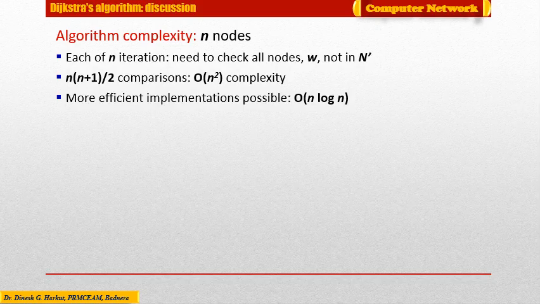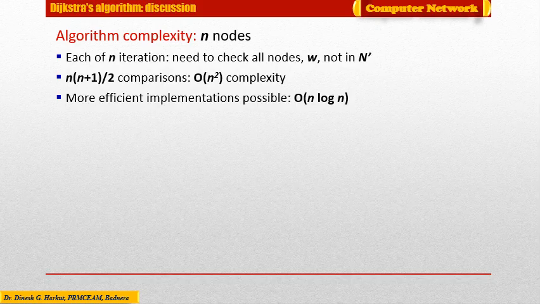In the first iteration, we need to search through all n nodes to determine the node W, not yet included in N dash, that has the minimum cost. In the second iteration, we need to check n minus 1 nodes to determine the minimum cost. In the third iteration, we need to check n minus 2 nodes and so on.